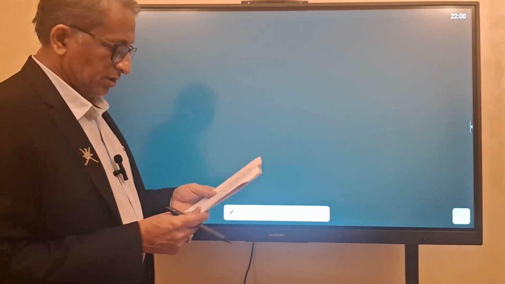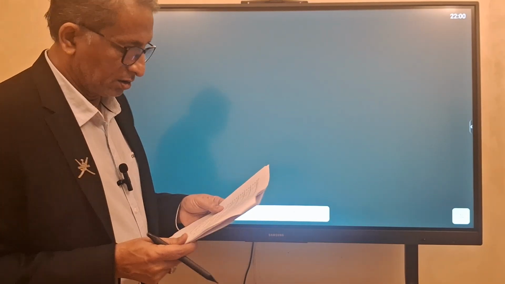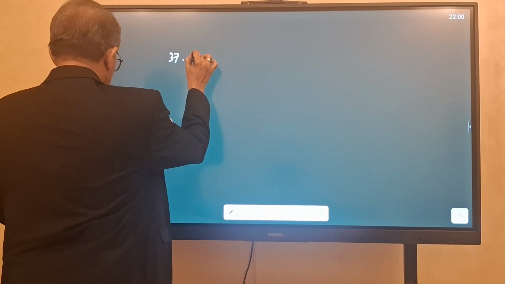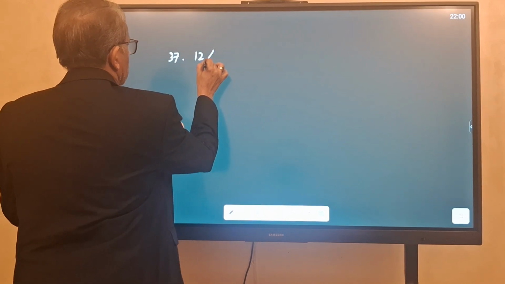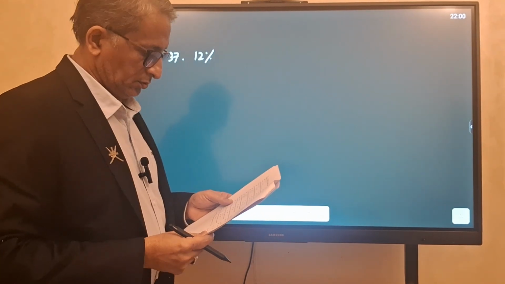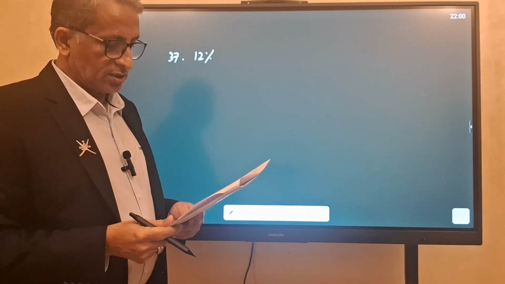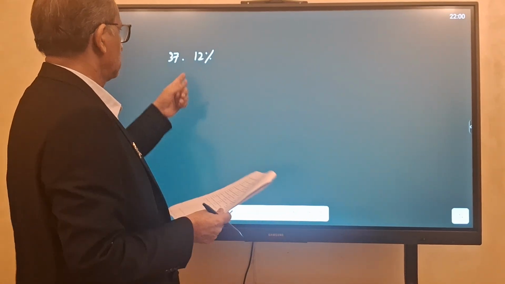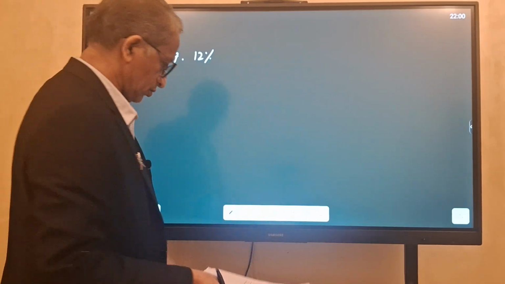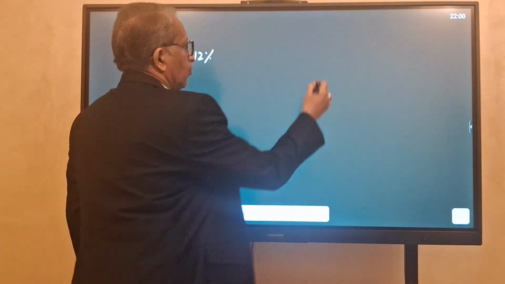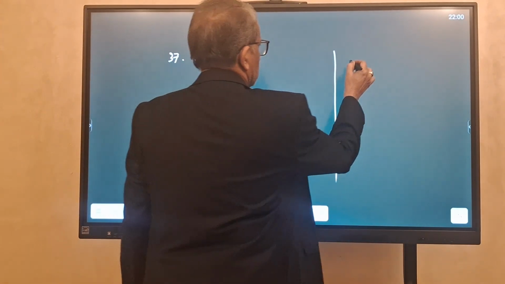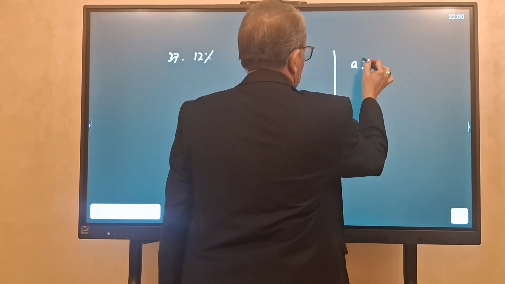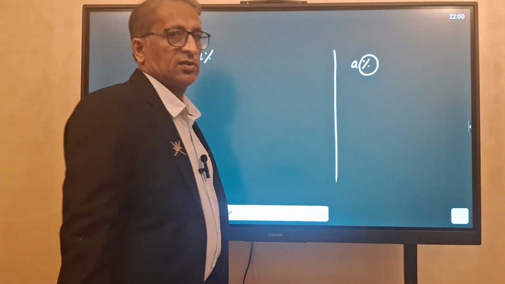Coming to question number 37, 38, 39. Let me take 37, that is 12%. Here the question is, write each percent as a ratio. I have to convert this into a ratio. Let me tell you what a percentage is. This is the symbol of percentage.